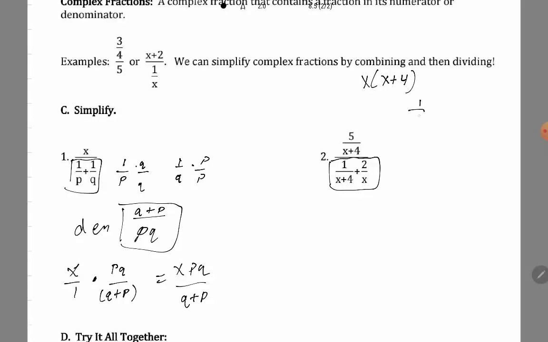So if I take 1 over x plus 4, I'm going to multiply both by x because that's what it's missing. And then 2 over x, that's missing x plus 4. So I'm going to get x plus, there's a plus sign here, plus 2x plus 8. It's distributed.